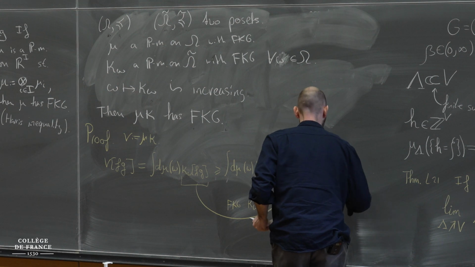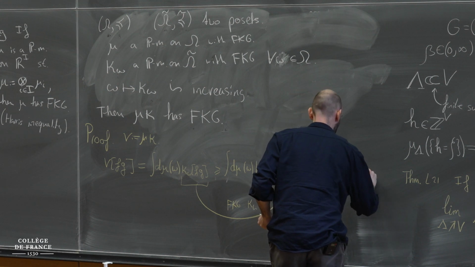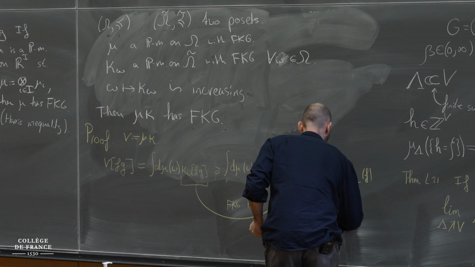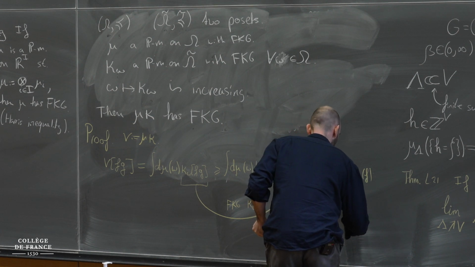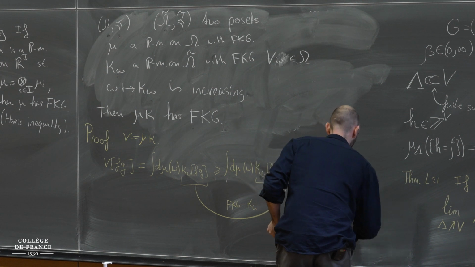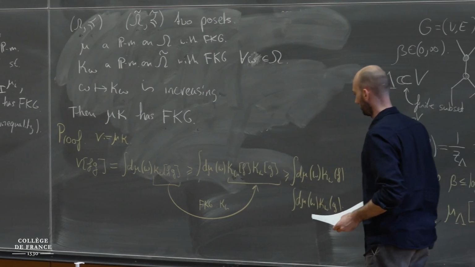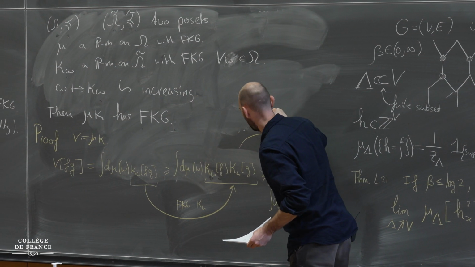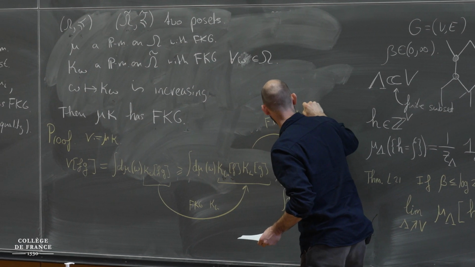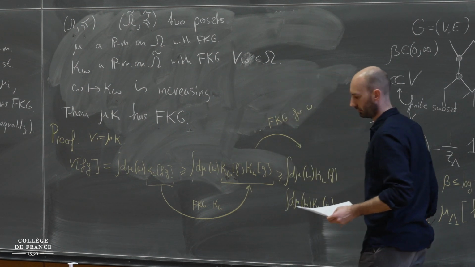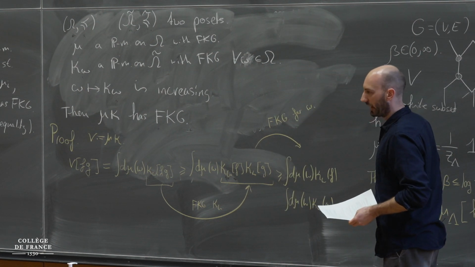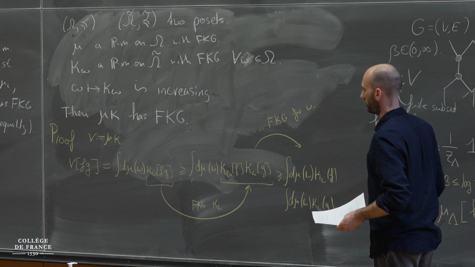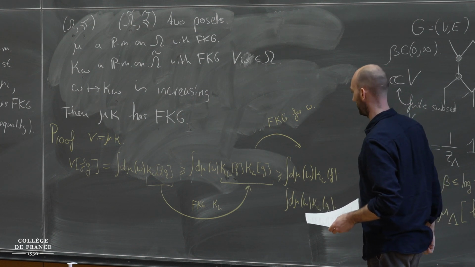So now it's going to be the integral of kappa omega f d mu omega times the integral of kappa omega of g. And this is FKG for omega. Okay? So it may seem a little bit tautological, but it's really just a sort of chain rule or a tower rule if you want.